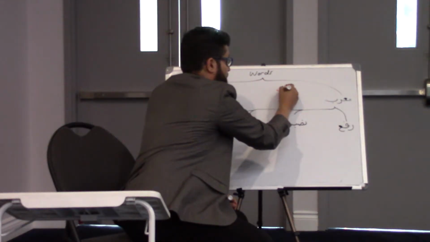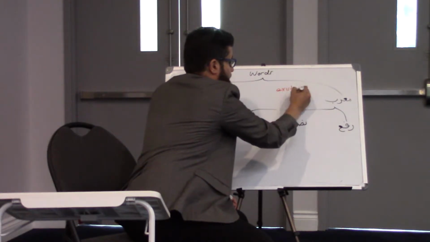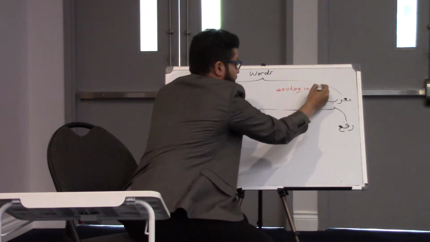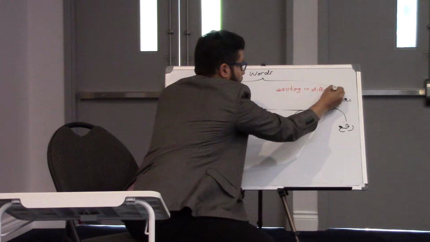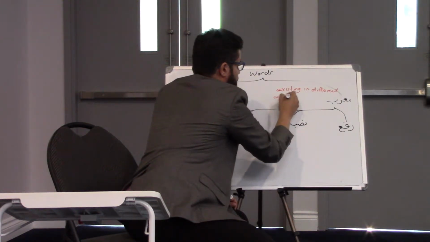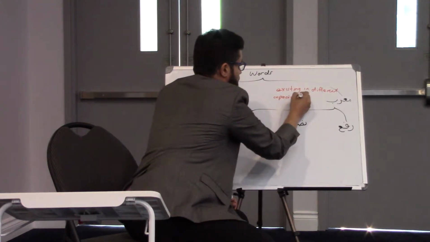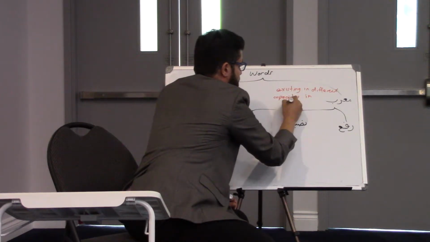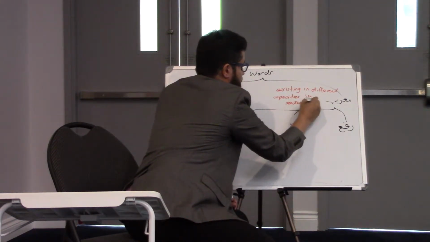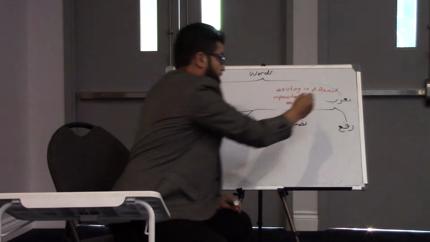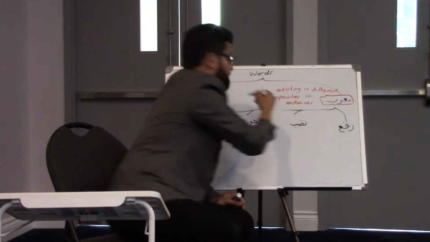Mu'rab means existing in different capacities in sentences. That's what mu'rab means. Mabni is the opposite.